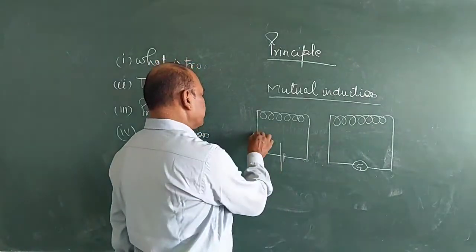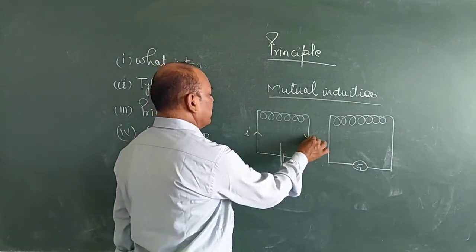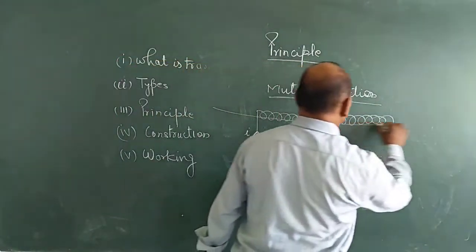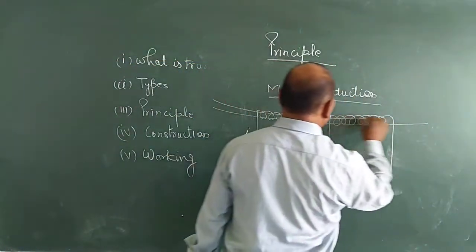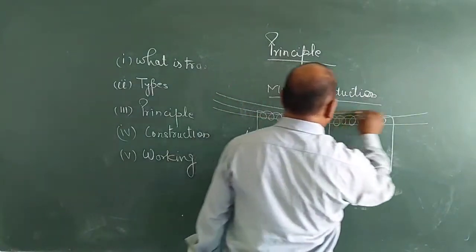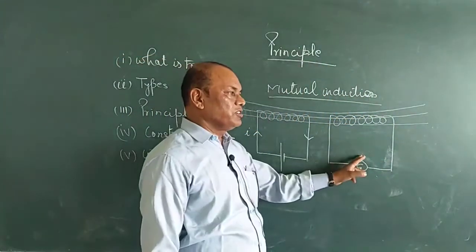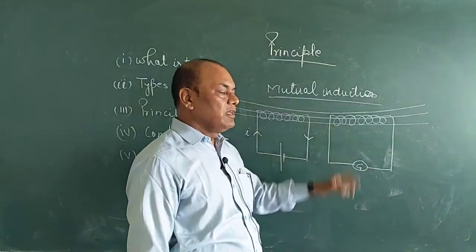Now if a steady current flows in the primary coil, then magnetic field lines arise here, and these magnetic field lines also pass through the secondary coil.